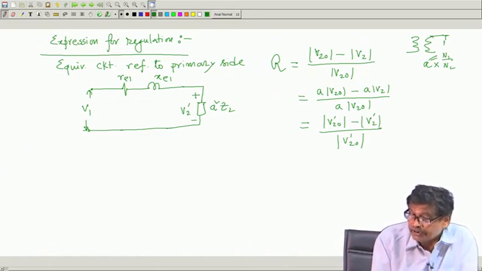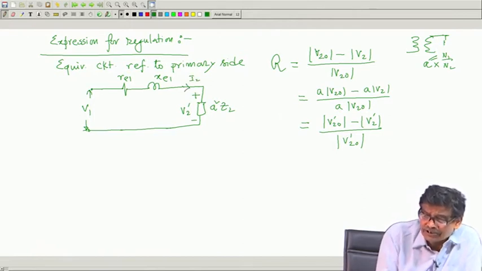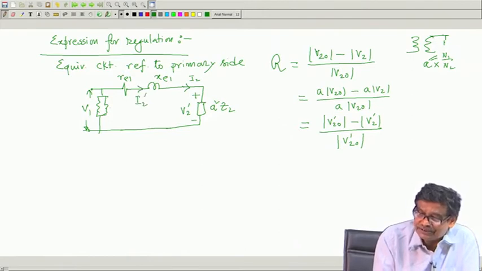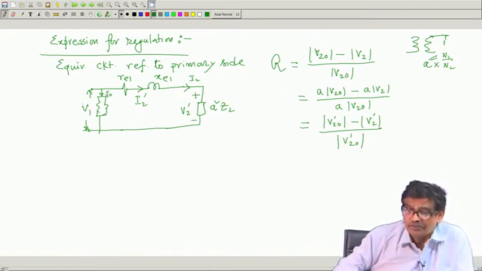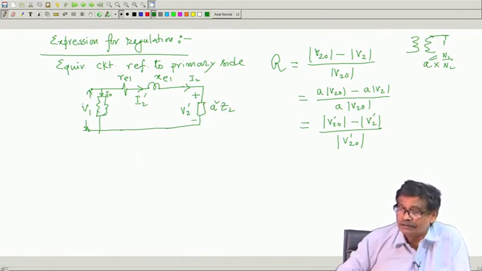Where V 2 dashed is the reflected terminal voltage when it supplies some load current I 2 dashed. Some people will also draw the approximate equivalent circuit, means this it is there, but this drop, as you can see, only depends on I 2 dashed, so I naught can be neglected in this approximate equivalent circuit. Okay. So, this is the thing you have to calculate.